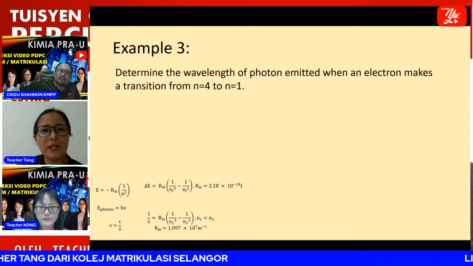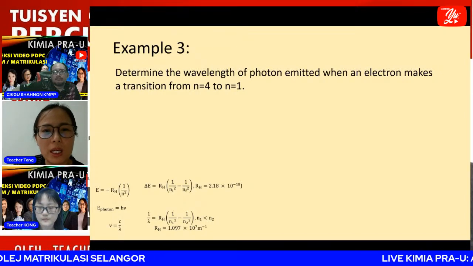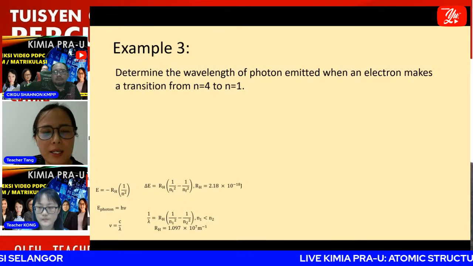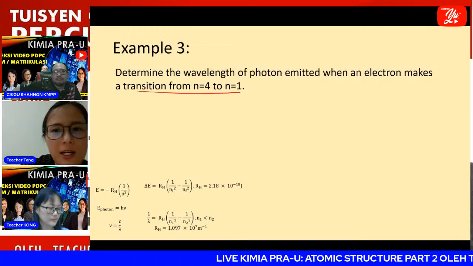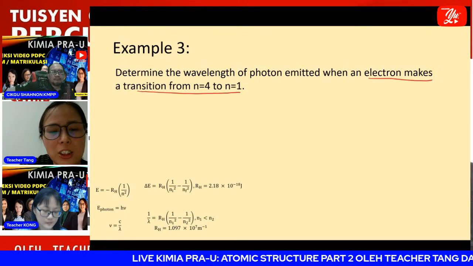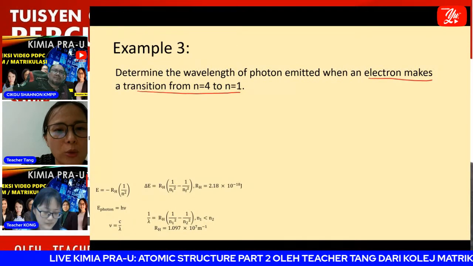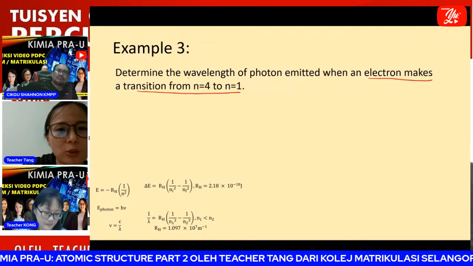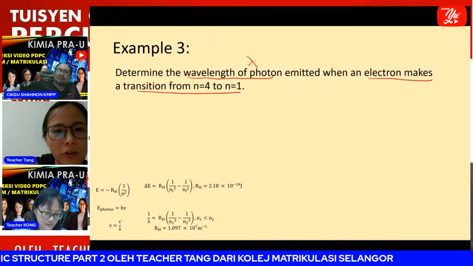So example 3. We are given an energy level diagram, and an electron makes a transition from n equals 4 to n equals 1. It asks us to calculate the wavelength of the photon.